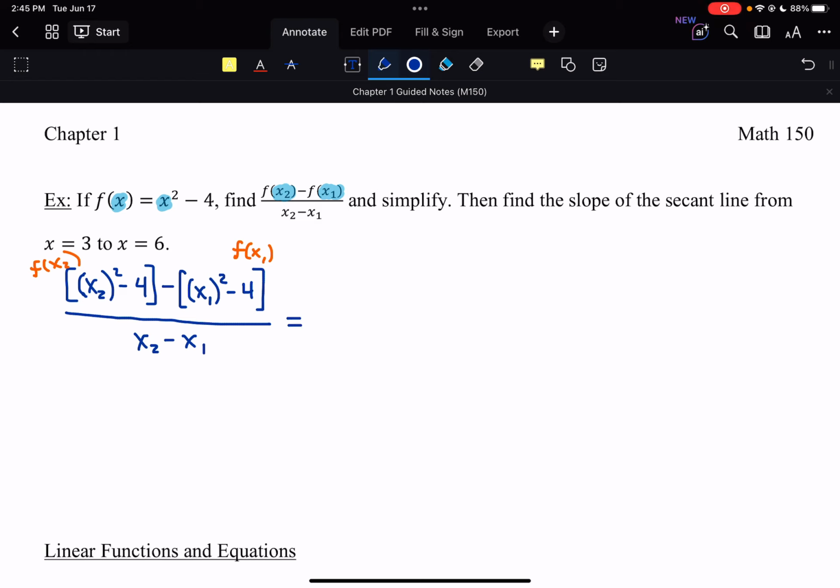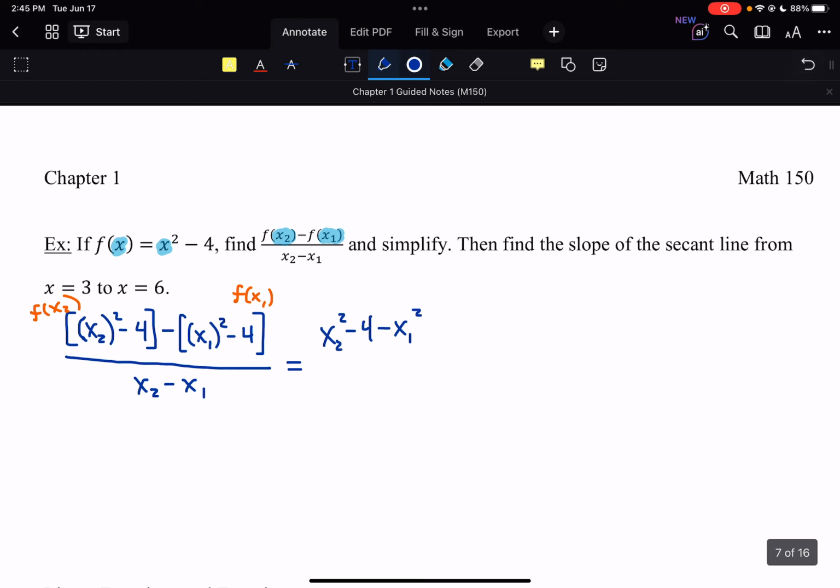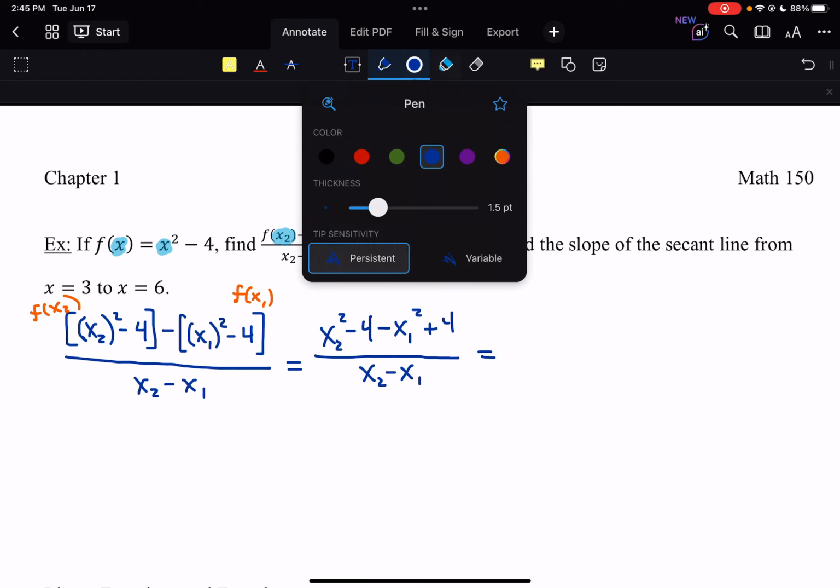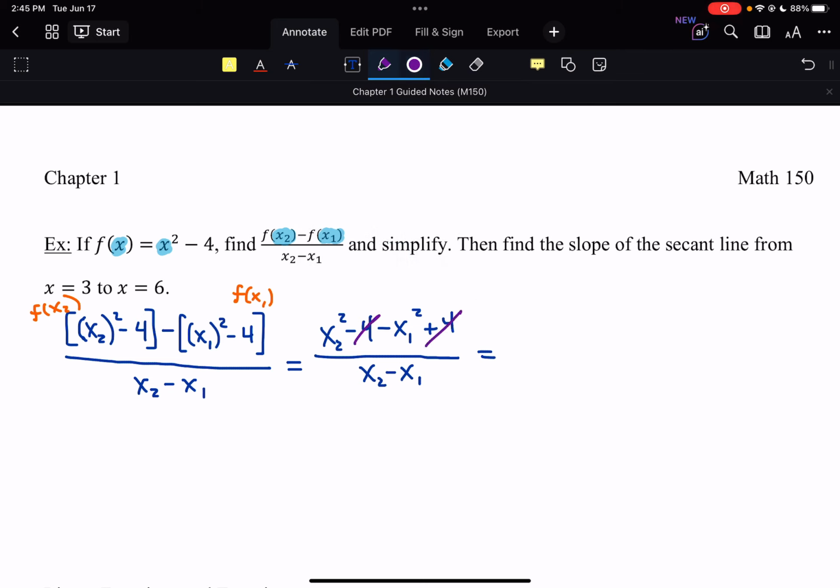And now a lot of this just comes down to simplification. So we have x2 squared minus 4 minus x1 squared. Don't forget to distribute that negative, though. So we get a plus 4 over x2 minus x1. The 4's will cancel. So we have x2 squared minus x1 squared over x2 minus x1.